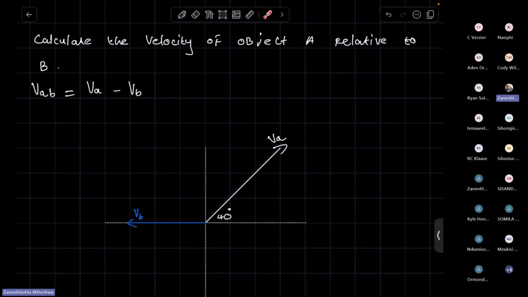Method number two is essentially the parallelogram method, or you can call it the vector diagram. Because with the vector diagram, there are two ways you can do it. You can either draw the parallelogram, or you can use Bow's notation.